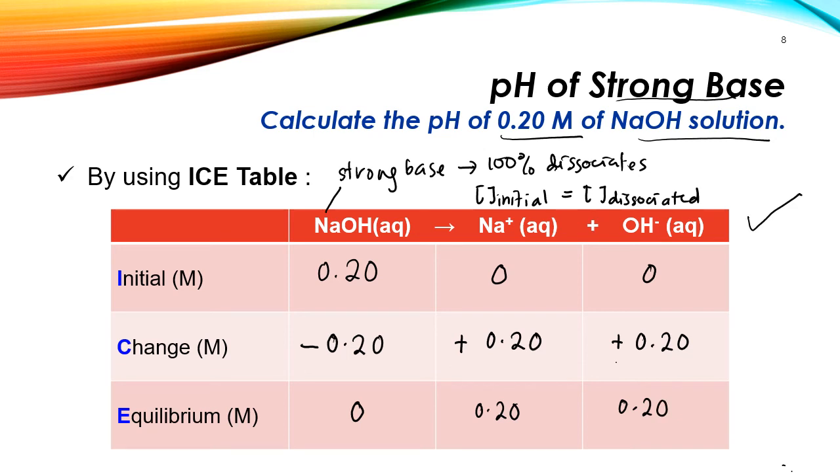So now let's observe the ICE table with all the values that have been calculated. We can see at the end of the reaction, or at equilibrium, we still have remaining Na+ ions and OH- ions at 0.20 molar, but NaOH is completely dissociated.